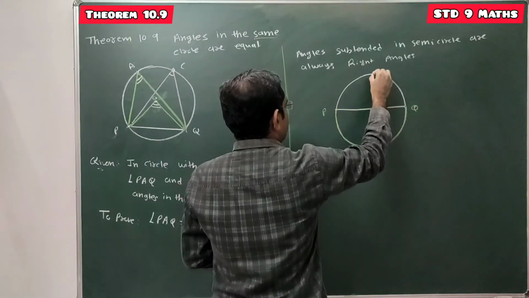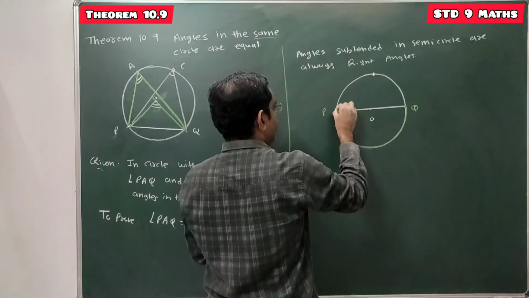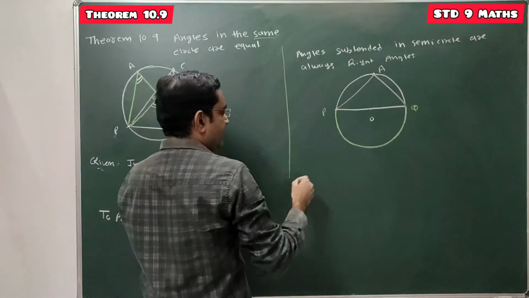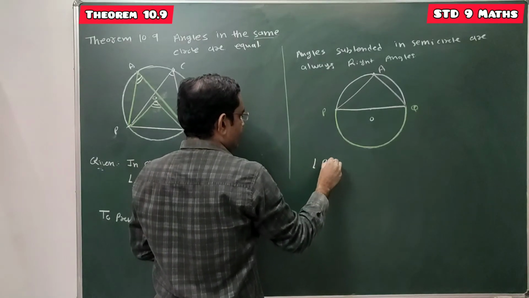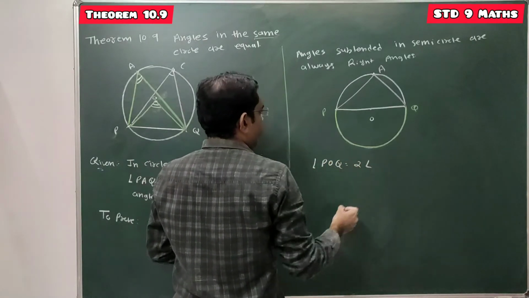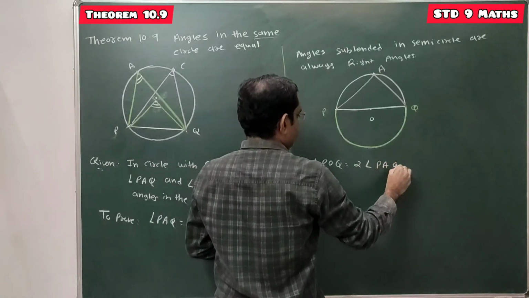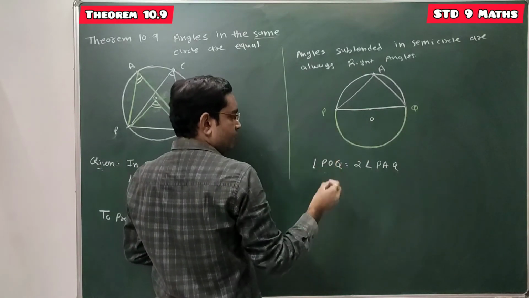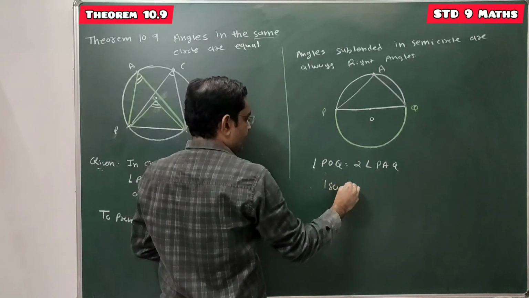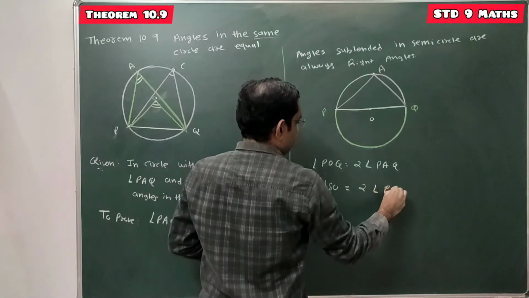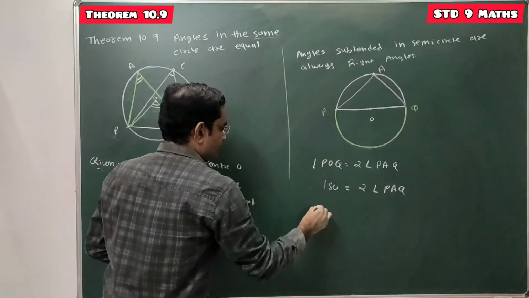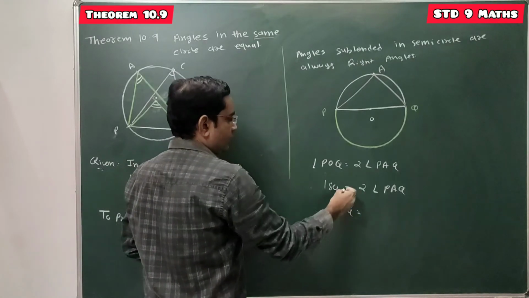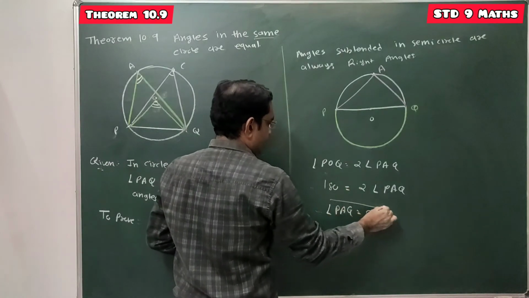So POQ is twice the angle subtended by this arc on the remaining portion of the circle. So we prove that angle POQ is twice angle PAQ. But here POQ is a straight angle, so its measure is 180 degrees, and therefore 180 degrees equals twice angle PAQ. So angle PAQ equals 180 by 2, so it's 90 degrees.